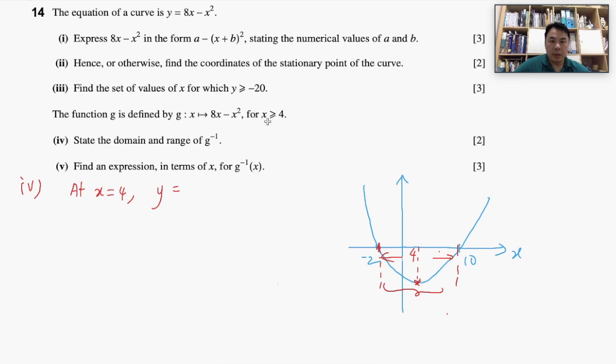Most of the time the vertex is the same as the restricted domain. But the other easy way to find the vertex is to take the midpoint between these two x-intercepts. So 10 plus -2 divided by 2 yields 4. That's how we know that the vertex is located at x equal to 4, right?